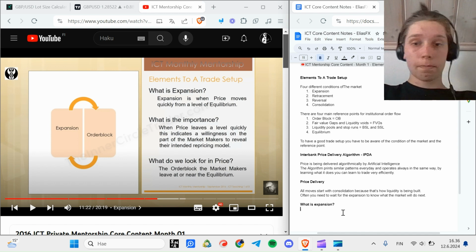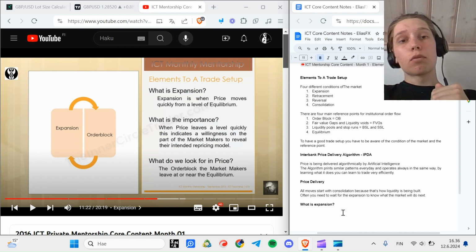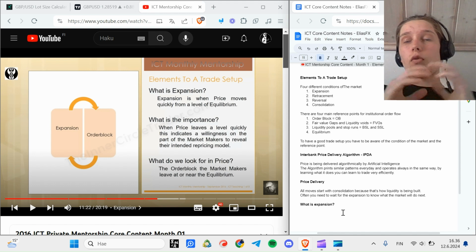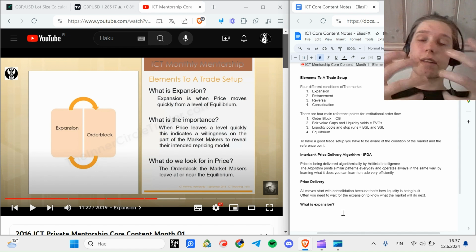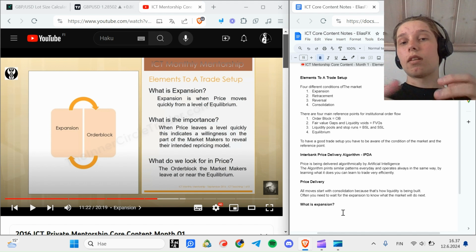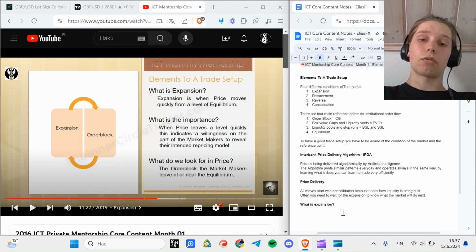point of equilibrium, let's say you are bullish, you want to see a strong bullish reaction from the equilibrium price point. And so when you have that strong reaction from that level, you then want to identify an order block from that new price leg, and you can then long that, because when it's reacting very bullishly from the equilibrium, you understand that price is establishing bullish order flow, and you should be possibly looking for longs.